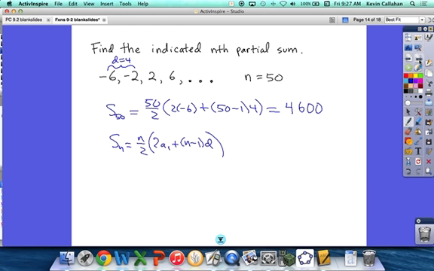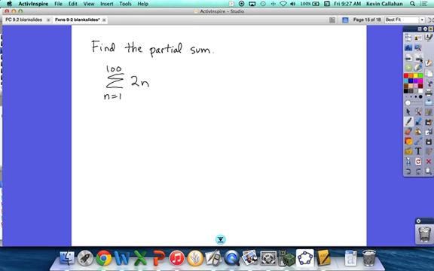Right, and the last couple involve the summation notation. When it says find the partial sum, how many terms are we going to be adding up here? n starts at 1 and goes up to 100. How many terms? 100. You could tell that the n is going to be 100.